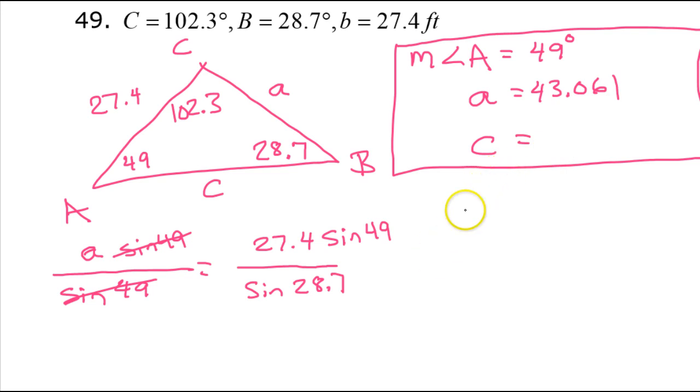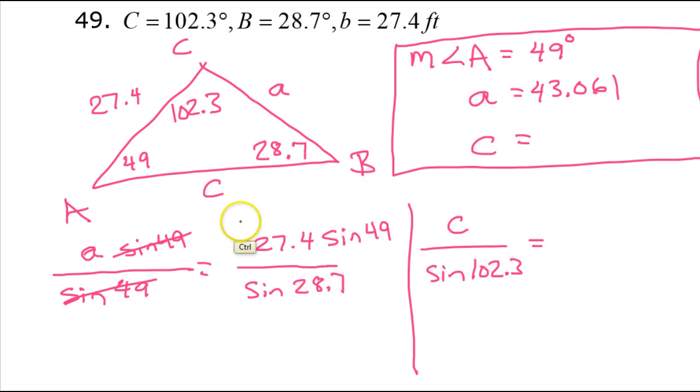Now I need to find side C, and I will do that in the exact same way. I will say side C over the sine of angle C, which is 102.3, is equal to, and I'm just going to use the same fraction again that I used last time, 27.4 over the sine of 28.7.